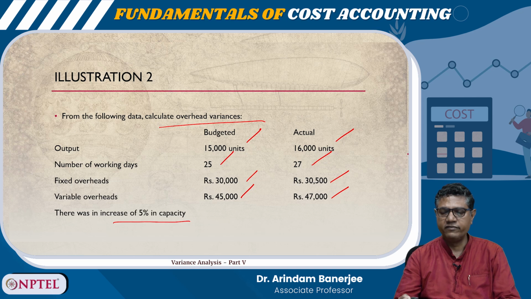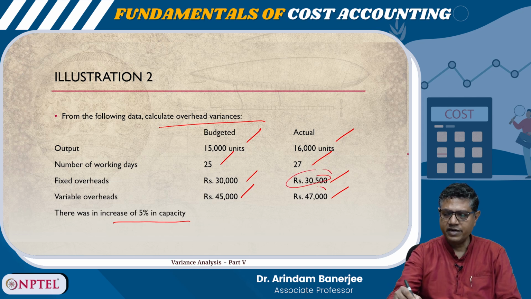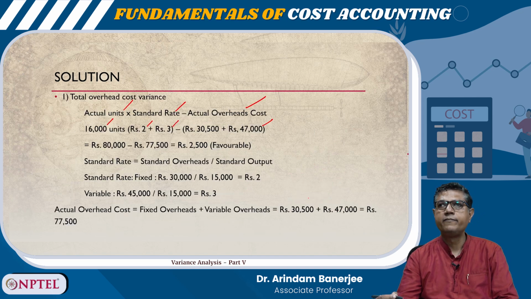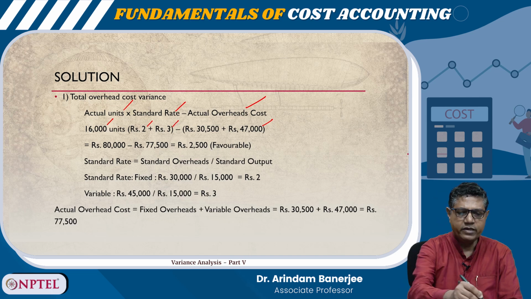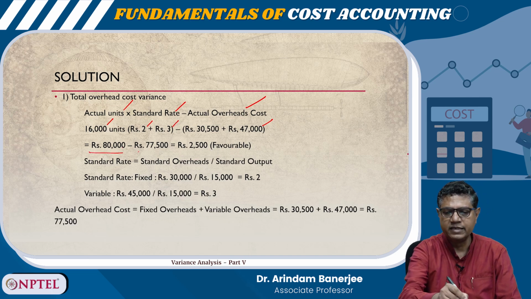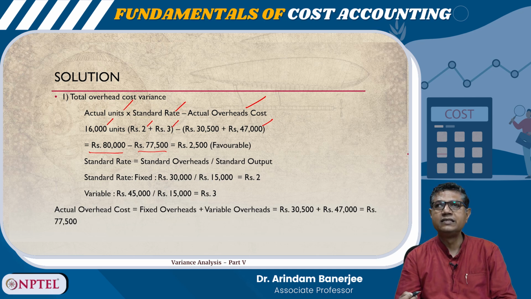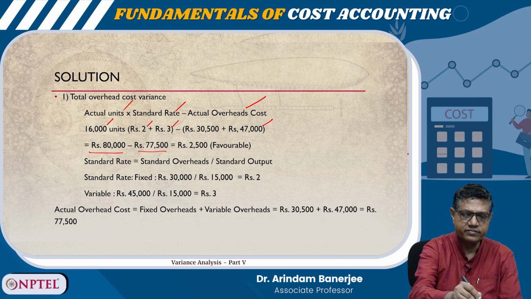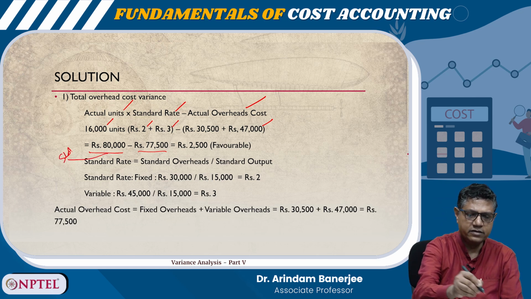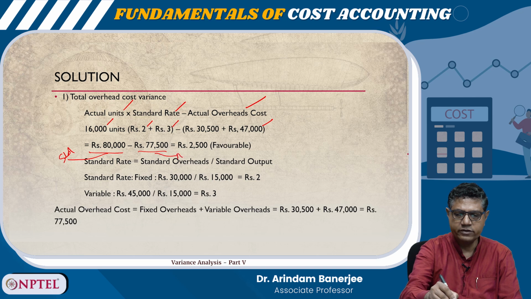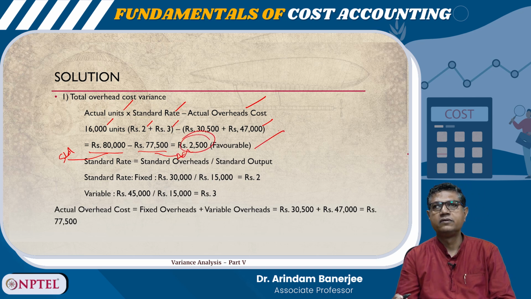Here you see it is given 30,500 and 47,000, fine. So, if you calculate, it will be 80,000 rupees minus 77,500. So, you see the actual is less than the standard cost, right. This is standard, this is actual. So, it is 2,500 favorable, right.